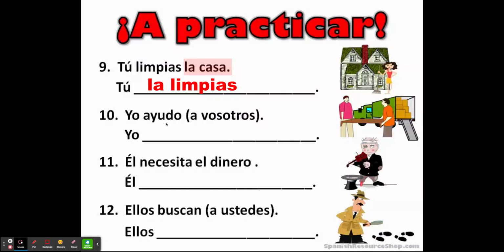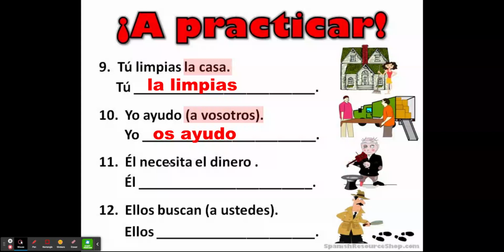Yo ayudo a vosotros. Now you have a vosotros, you have that personal A. You're going to replace it with os ayudo. A vosotros, you replace it with os. And then you place it in front of the conjugated verb.